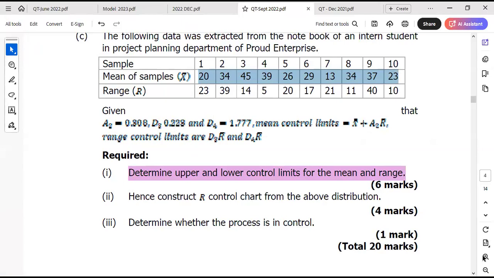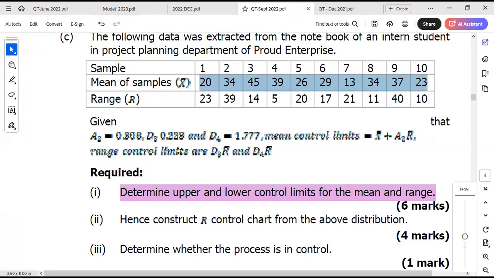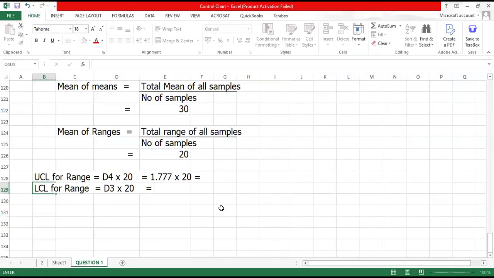I am not seeing it clearly. 223, looks like a 3. Because the first one on A2, I think the last digit is 8. Might be a 3. Okay, let me just say 2. Those who are with the question paper, you can copy the right figure.